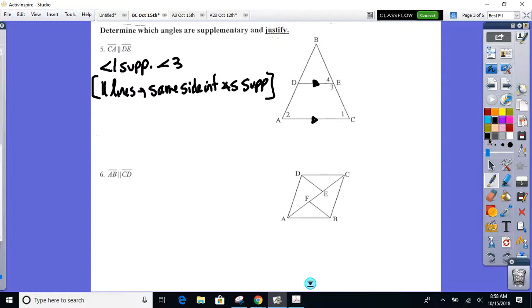Actually, 3 and 4. Yeah, how about 3 and 4? Yeah, they're linear pairs. Yep. Angle 3 is supplementary to angle 4. Linear pairs are supplementary. This had nothing to do with parallel lines.